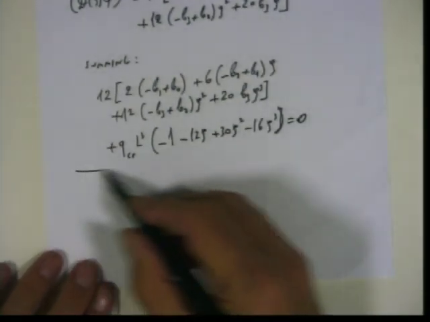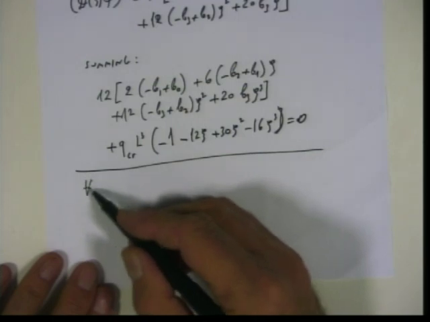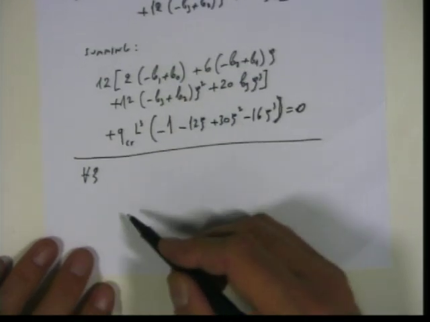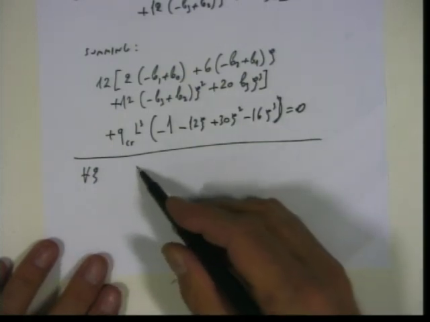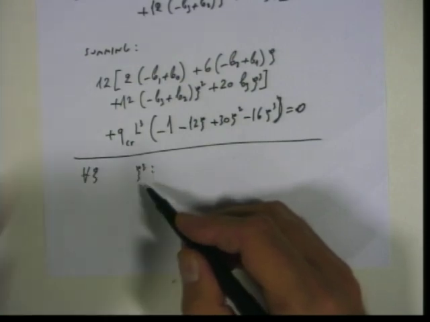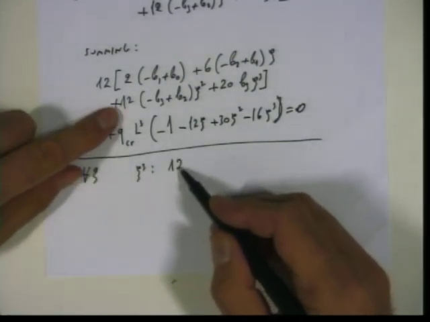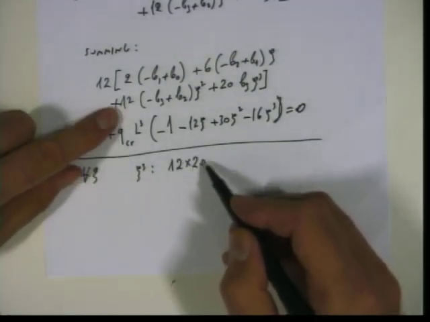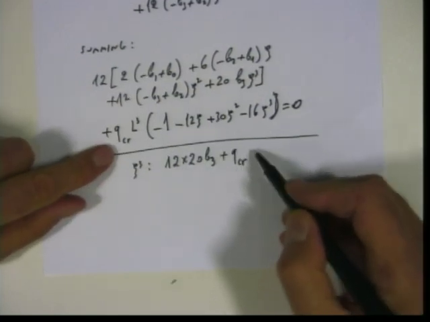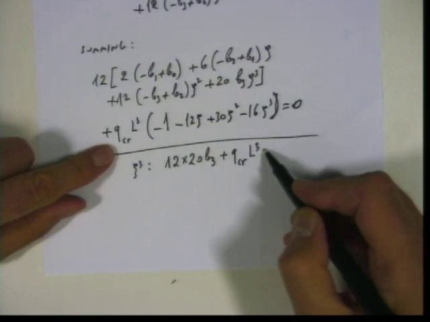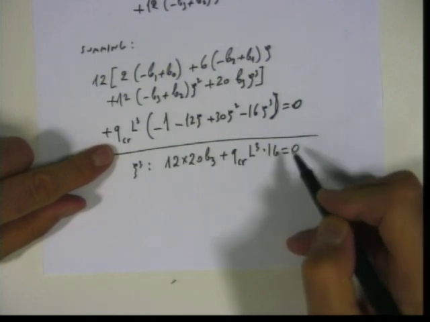So now, this is correct for every xi. Therefore, I should write down expressions for every power of xi. So xi cubed: I have 12 times 20 b3, then plus q critical L cubed times 16 equals 0.